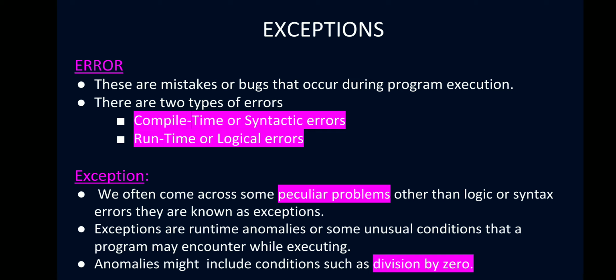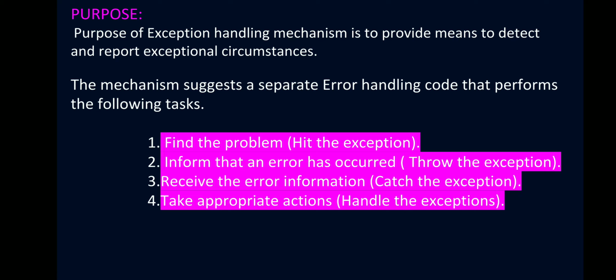Now let us see what is the exception handling mechanism. The purpose of the exception handling mechanism is to detect the exceptions and report the exceptions. So when an exception arises in the program, instead of terminating the program, the exception handling mechanism allows you to continue with the execution by reporting the exception.